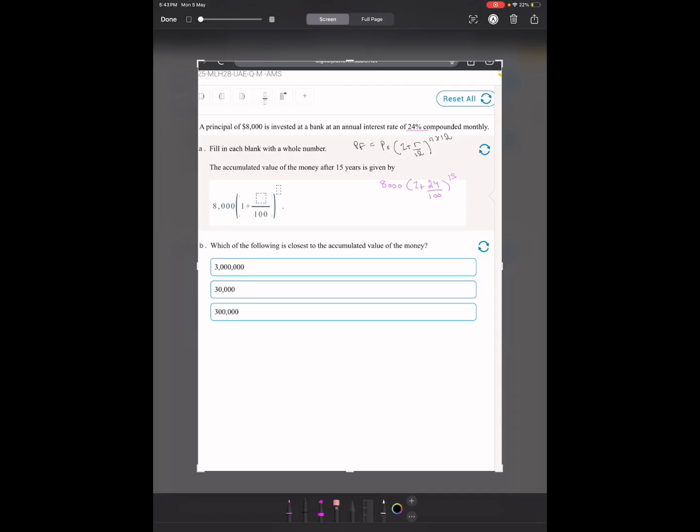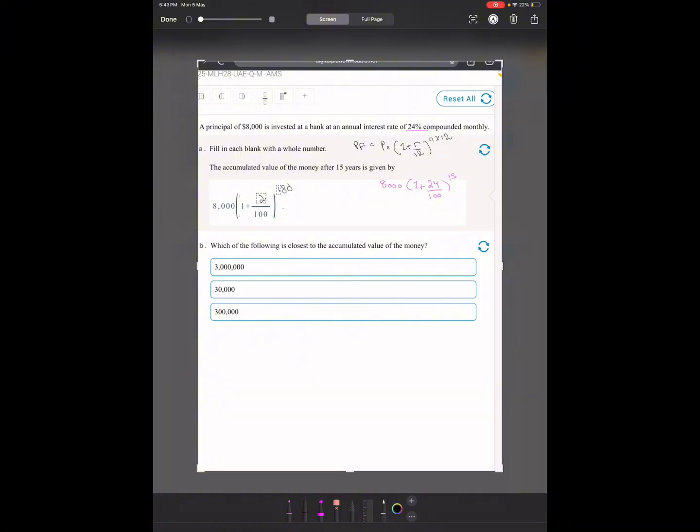So the answer here is 180. And then 24 divided by 12 is 2, right? So the answer here is just 2, because that's going to be the rate. The rate is 2.